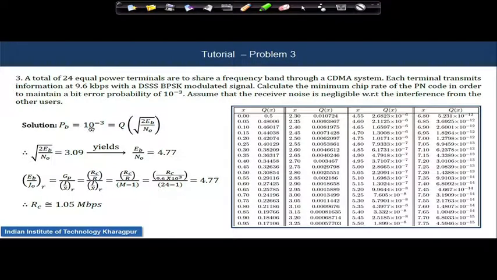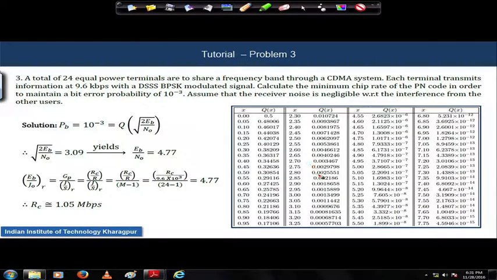We have been given the desired value of probability of error, which is 10 to the power of -3. So we see that 10 to the power of -3 corresponds to an argument value which is somewhere close to 3.10, somewhere in this range.